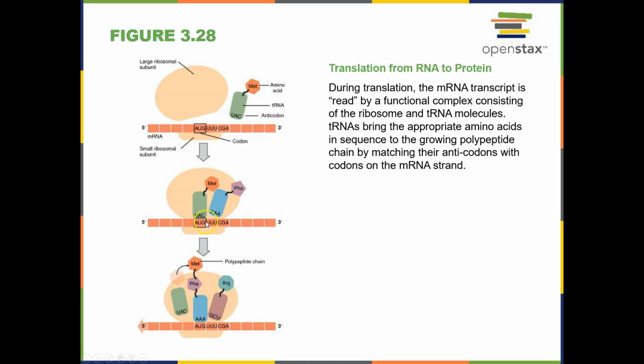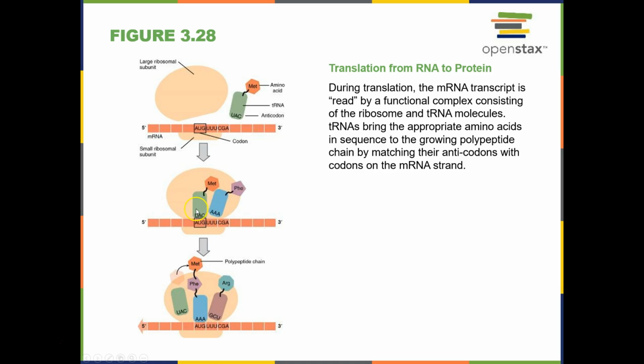Once these two are bound in the P and A site, then these two amino acids form a peptide bond. And these two peptide-bonded molecules are going to stick together. And then the entire ribosome moves.